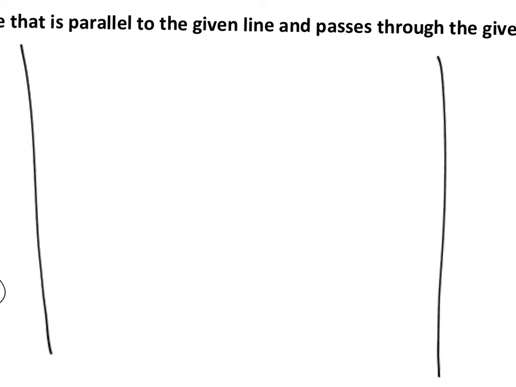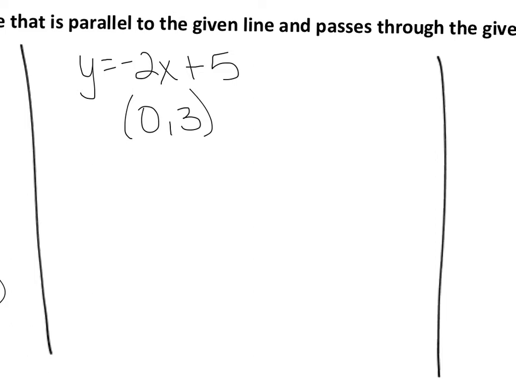Let's try another one. I want to write an equation of the line that's parallel to y equals negative 2x plus 5 and passes through the point (0, 3). Okay, so I need the slope and I need the y-intercept. My new line has to be parallel to this line. So if the slope of this line is negative 2, the slope of my new line also has to be negative 2.